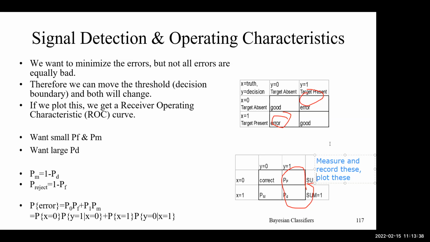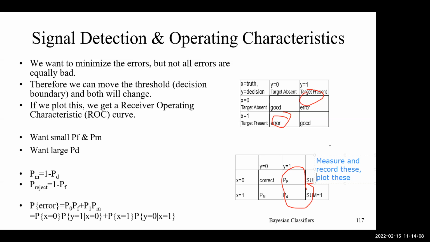Rather than counting them all up, you just assume there were 75 ones in the actual input. Mhm. And there are 16 1 to 0 errors. So your PD is going to be 75 minus 16, so it's 0.59, because you correctly classified 59 of the 75 ones.